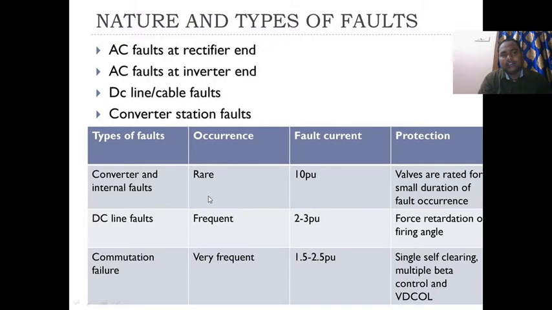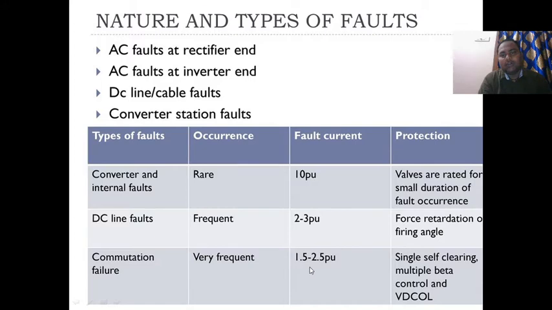The second type of fault is DC line faults. These occur very frequently. The fault current is 2 to 3 per unit. The protection is force retardation of the firing angle. Finally, commutation failure, which is also very frequent.